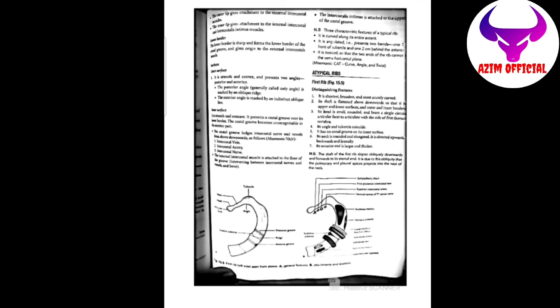You'll get the brachial plexus later in detail, but now just remember that the lower trunk crosses this posterior groove of the superior surface of the first rib.